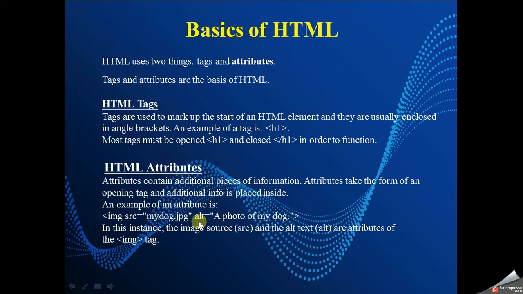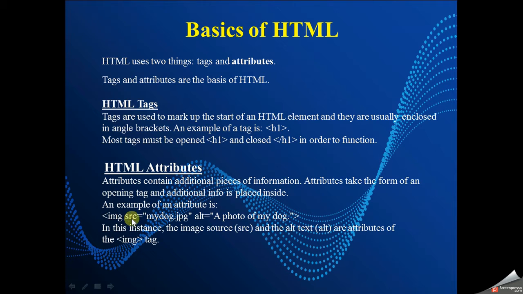And alternative, or we can say the alt attribute, means that if we want some extra text to be written near the image, we will use alt. Now I'm not going into detail about the image tag because I will be discussing it in the next few slides. So just think about what an attribute is.